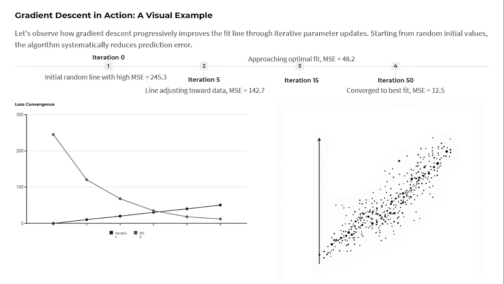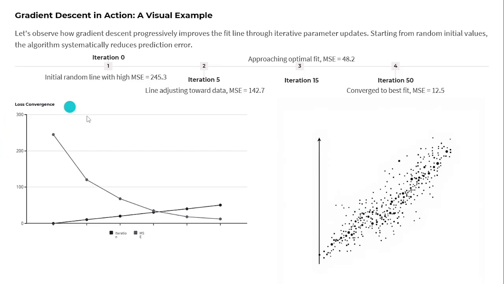Further on, in iteration 15, it gets closer to the data. MSE is 48.2. In iteration 50, we reach the best fit with an MSE of 12.5. As we can see, the loss is continuously decreasing with each iteration, which proves that gradient descent is effectively optimizing our model.